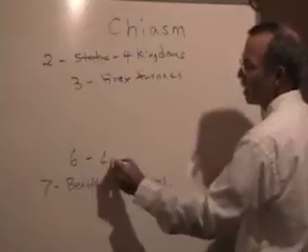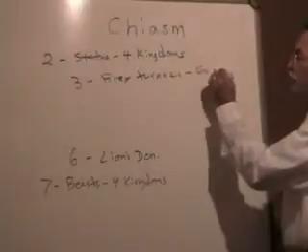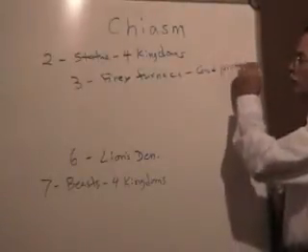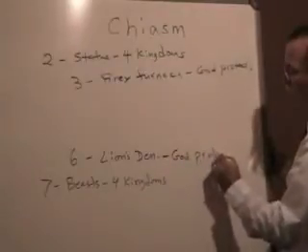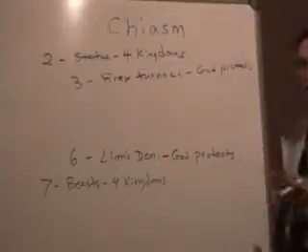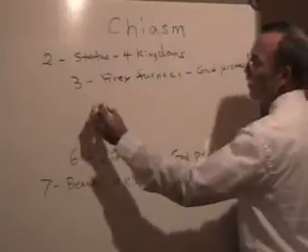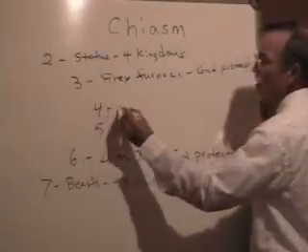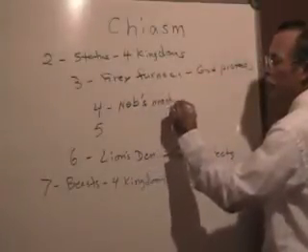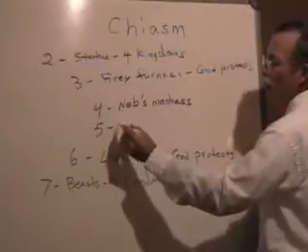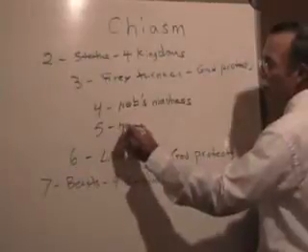Then, when you look at chapter 3 and chapter 6, in chapter 3, you've got the fiery furnace. In chapter 6, you've got the lion's den. In both cases, God protects. And in both cases, it's His own people. God protects His own. Then, chapters 4 and 5, you have Nebuchadnezzar's madness, and you have Belshazzar's death because of the handwriting on the wall.